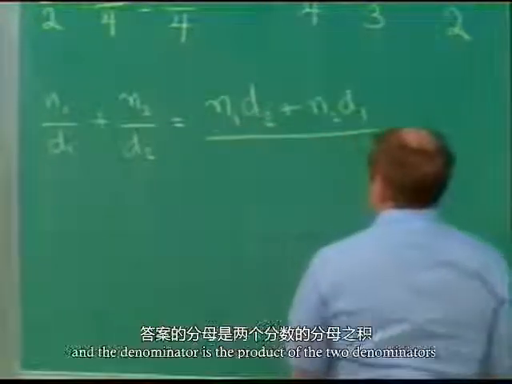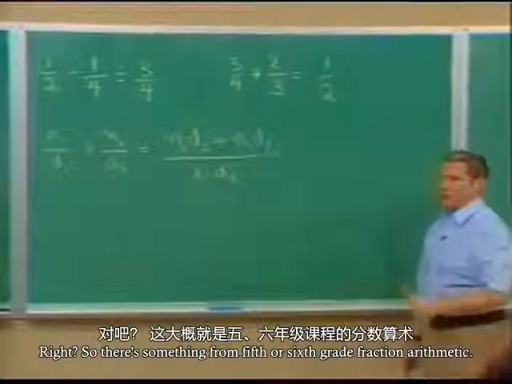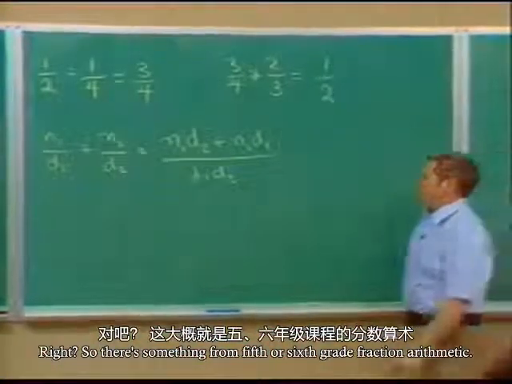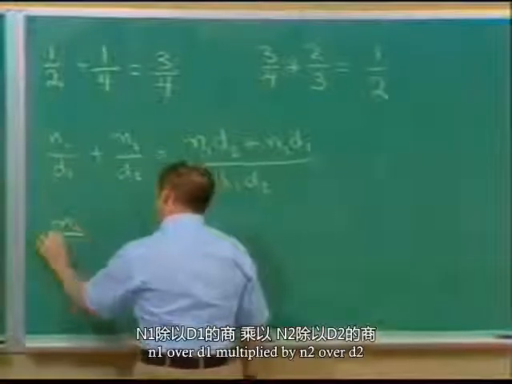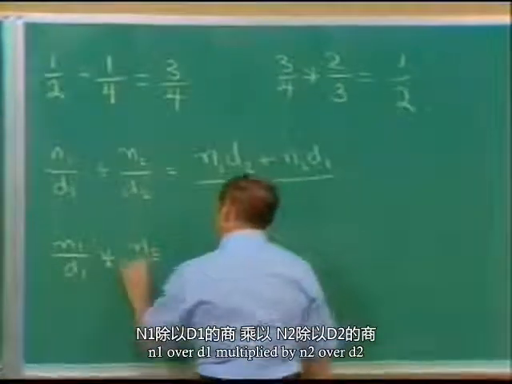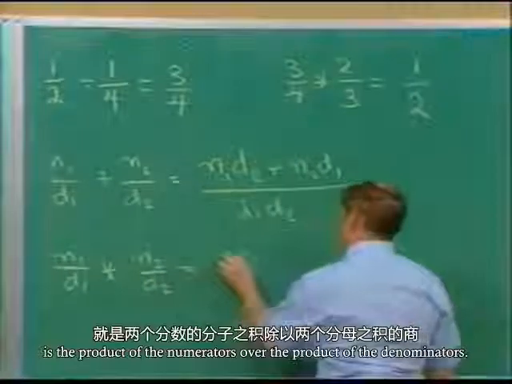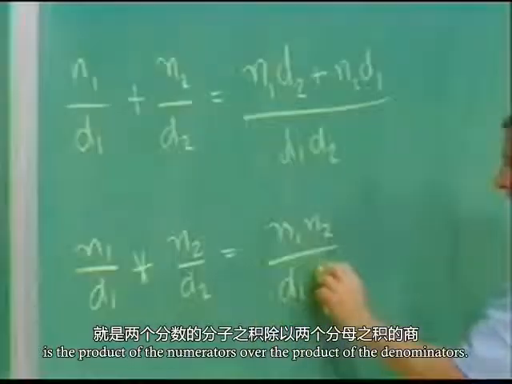That's the numerator of the answer, and the denominator is the product of the two denominators. So there's something from 5th or 6th grade fraction arithmetic. And then similarly, if I want to multiply two things, n1 over d1 multiplied by n2 over d2 is the product of the numerators over the product of the denominators.